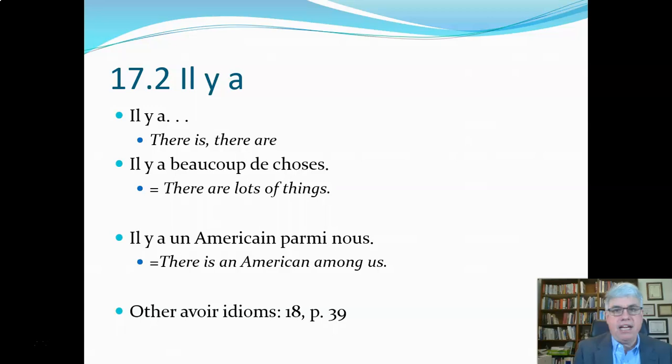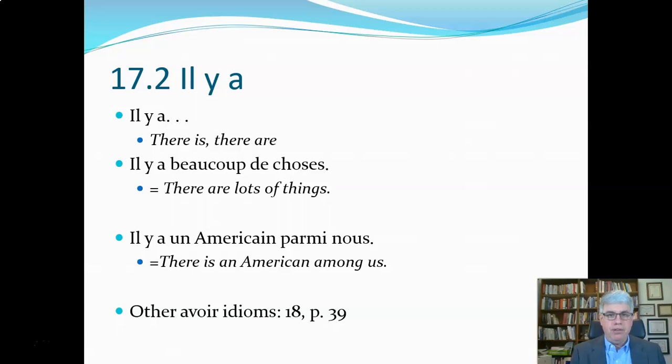Now let's look at an impersonal expression using avoir. And there's a good chance we've already seen this before. Il y a. It means there is or there are. Now it's actually three words, but we're not going to worry about trying to translate it word for word. We'll come to that middle word y some other time. It's a source of a lot of confusion.